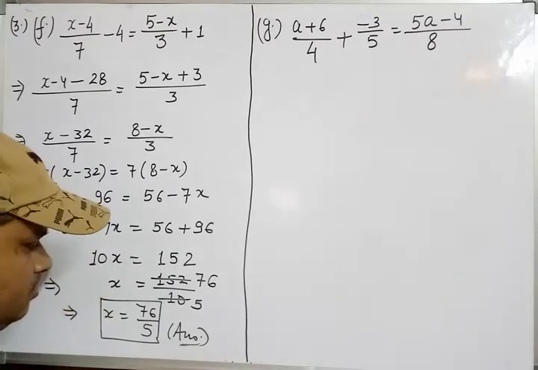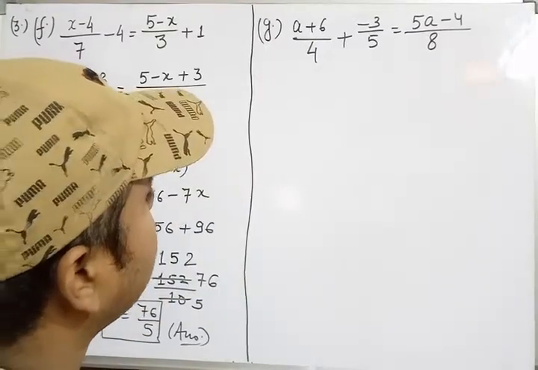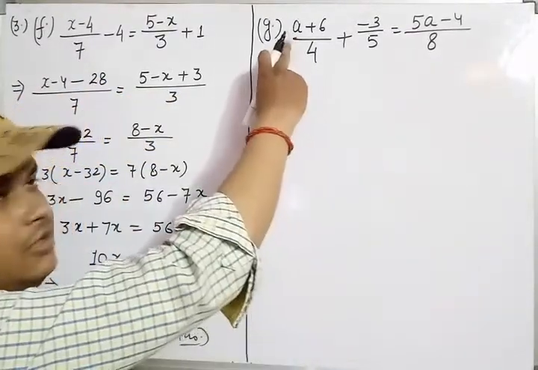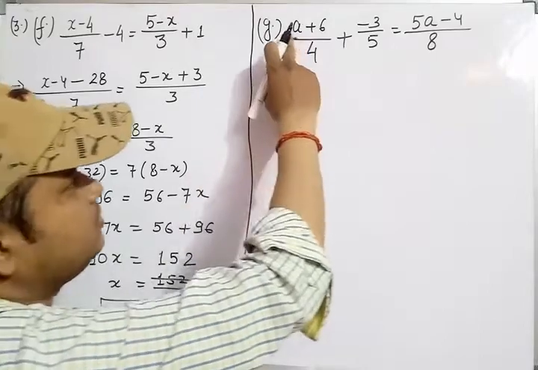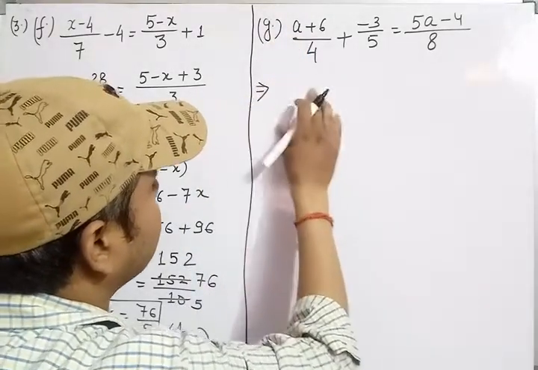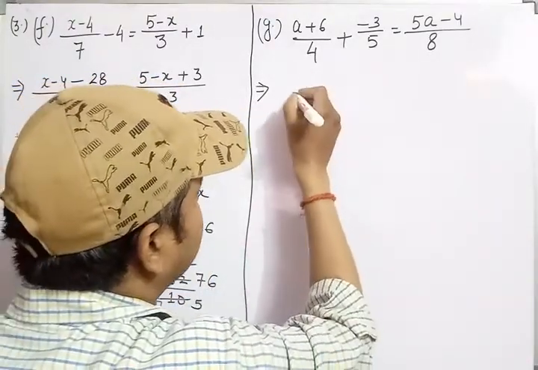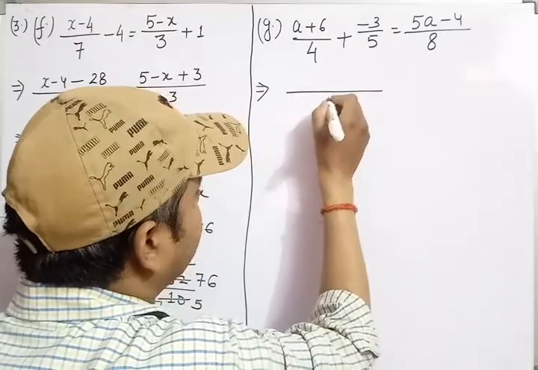Okay. Now we are moving to another part of this G part, and here the variable is changed. Here the variable is a. So again we have to apply the same process. First of all, you have to take the LCM. Here the LCM of 4 and 5 is 20.